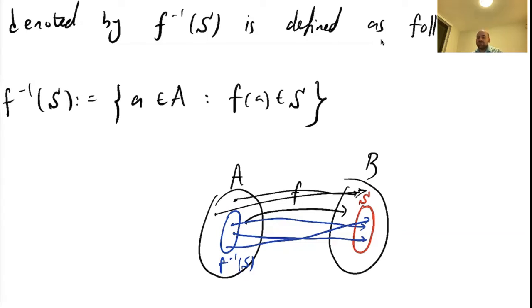In my experience, many students get confused because this notation and the notation for inverse of a function are the same, but this is f inverse of a set. For that one, we use f inverse of a number.